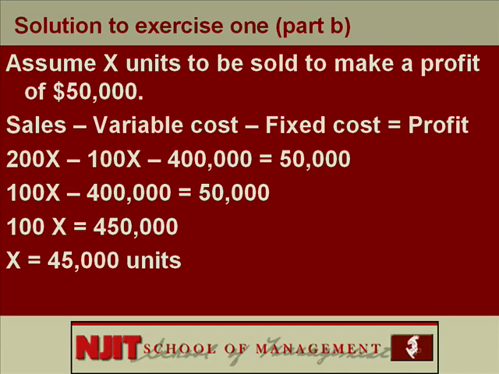Before we go on, I want to make the point that companies generally produce two types of income statement reports. One for external users, one for internal users. The one for external purposes looks like this.